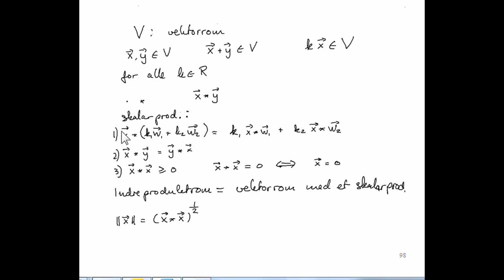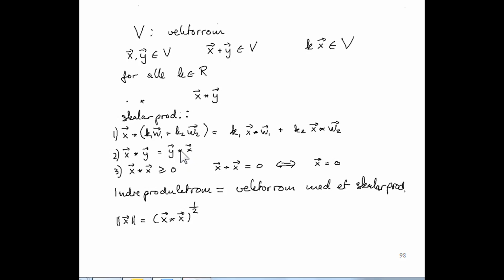If we have some vector x, we have this linear property: k1 multiplied with a vector w1 plus k2 multiplied with w2 is a vector, and taking the scalar product with x, we obtain this identity. So the scalar product is linear in the second variable.